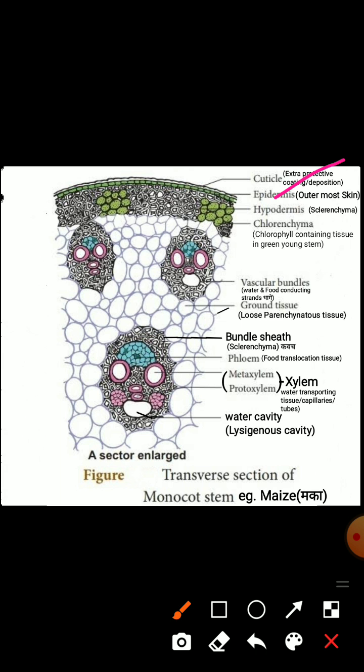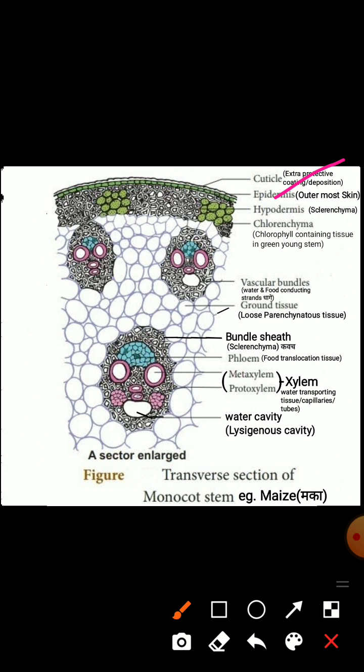Now, to perform this protective function, the epidermal cells are compactly placed. They are barrel-shaped or cylindrical in outline, and they are compactly placed without intercellular spaces.